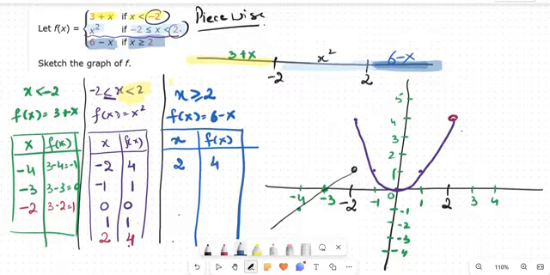When I put 3 in there, 6 minus 3 is 3. When I put 4 in there, 6 minus 4 is 2. Let's plot these points on the graph. At 2 it's 4, it's the same point. So that becomes a solid point now because it's the same point in the next graph. At 3 it's 3 and at 4 it's 2.